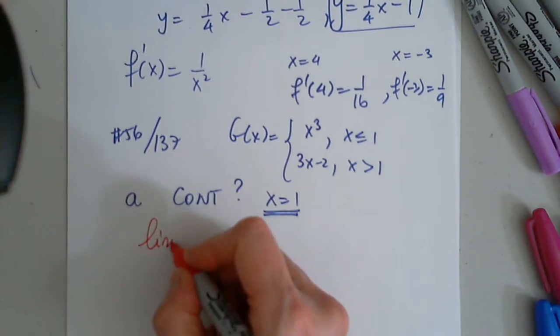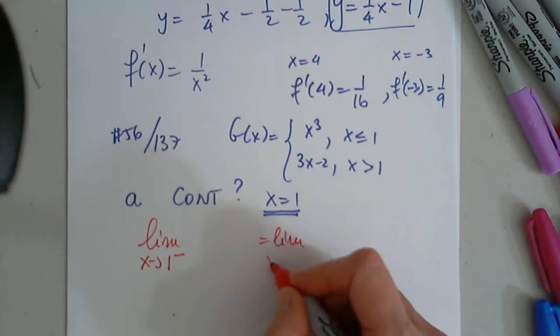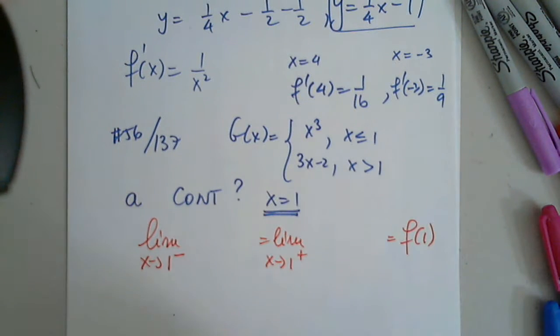So the limit as x approaches 1 from the left must equal the limit as x approaches 1 from the right and must equal f of 1. If these three do not exist, all three, or are not defined, the function is not continuous.